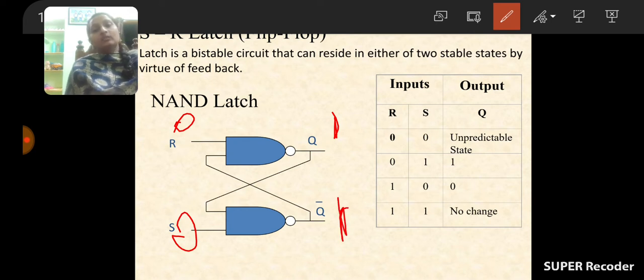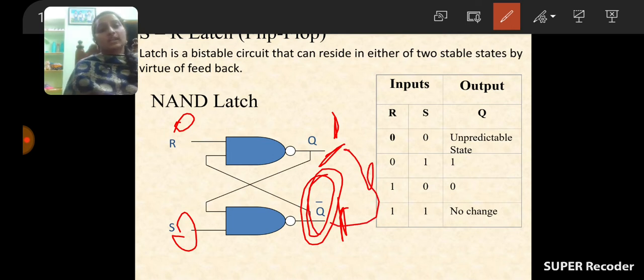But how are the outputs represented in the NAND latch? One is Q, the other is Q bar. Both outputs of the flip-flop are complements of each other. But after application of S equal to 0 and R equal to 0, both outputs become 1, 1, which violates the principle of the outputs.